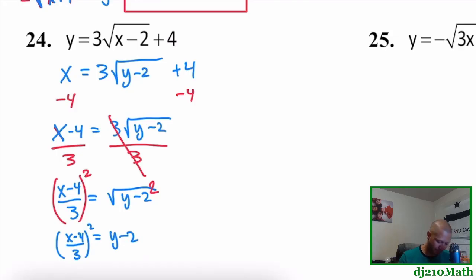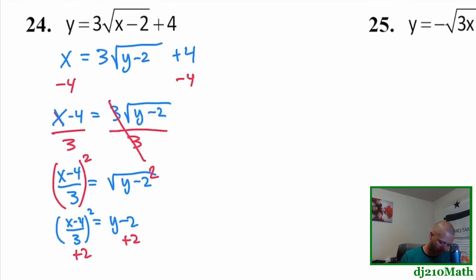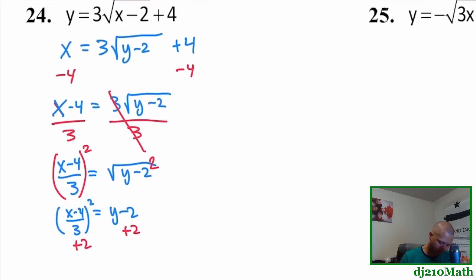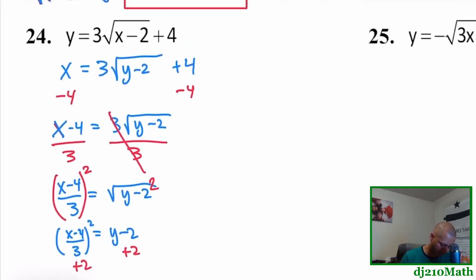Second to last step, right? Plus 2, right? Because we're trying to get y by itself. It's not going to move up. So this is going to be y is equal to ((x minus 4) over 3) squared plus 2.